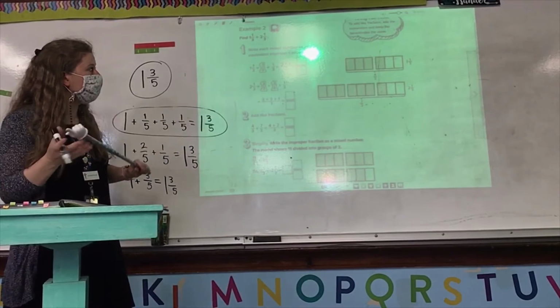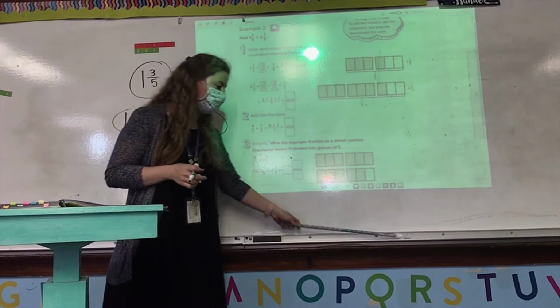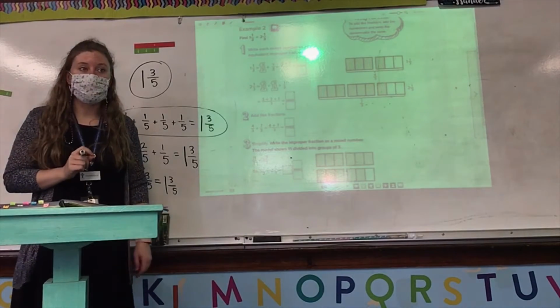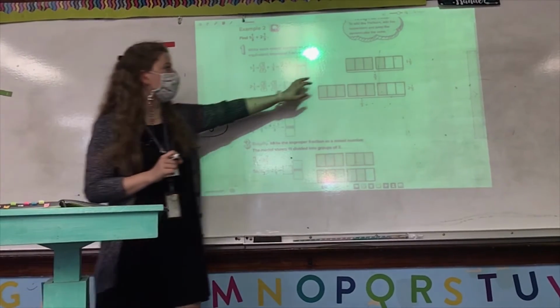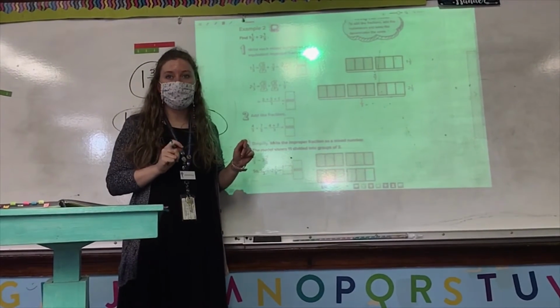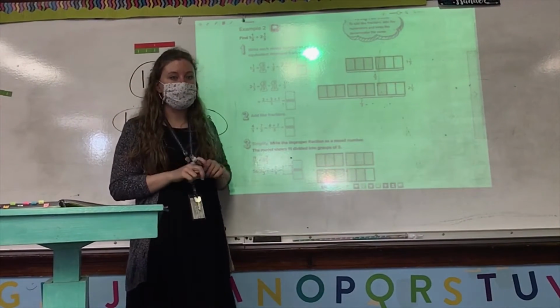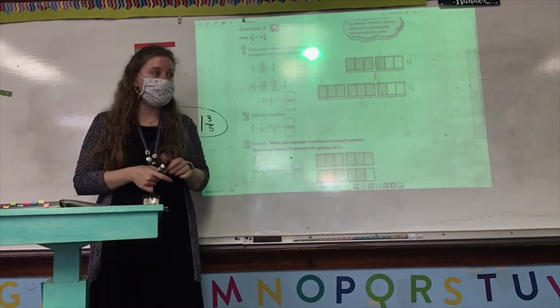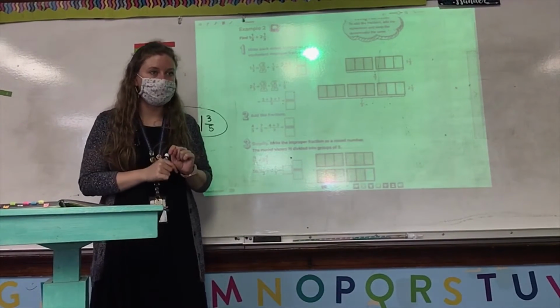Find 1 1/3 plus 2 1/3. We're going to use the way where you can convert it to an improper fraction, but not using models or this right here because that's confusing. We're going to follow the steps that were on your anchor chart. So, actually in this moment, go ahead and get out the anchor chart that tells you how to convert mixed numbers and improper fractions.